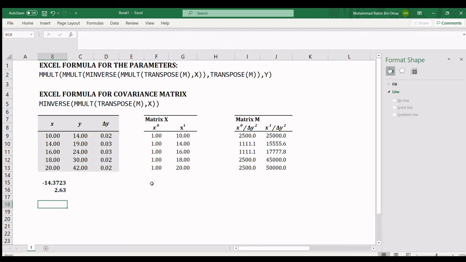To evaluate the error of the parameters, first we need to evaluate the covariance matrix.